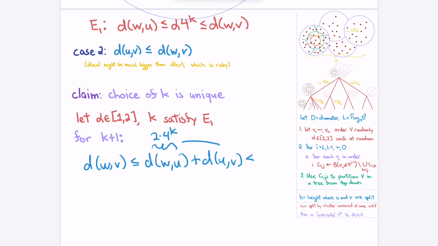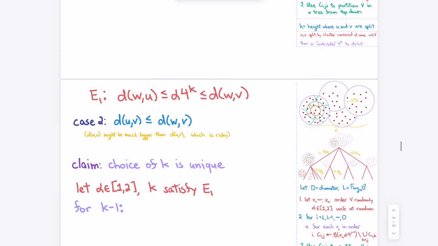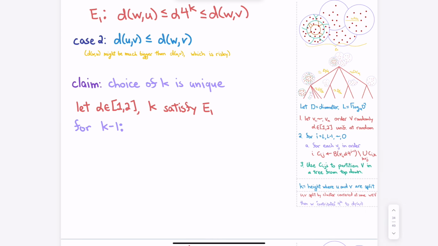And we know this thing is at most that thing. So this is at most 4 to the K plus 1. Okay, so that means that if you stretch the radius up to 4 to the K plus 1, it'll swallow everything up. And then on the flip side, you play some similar game.